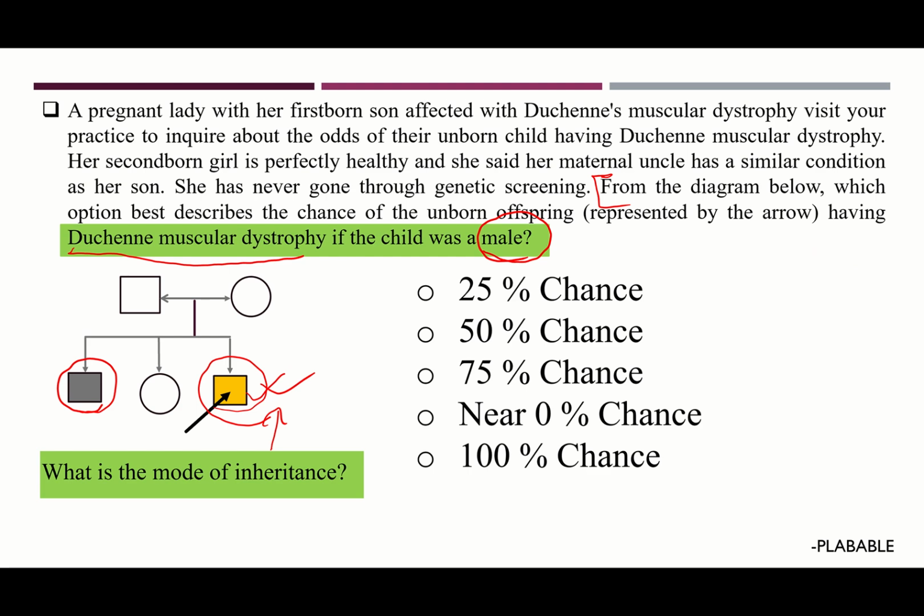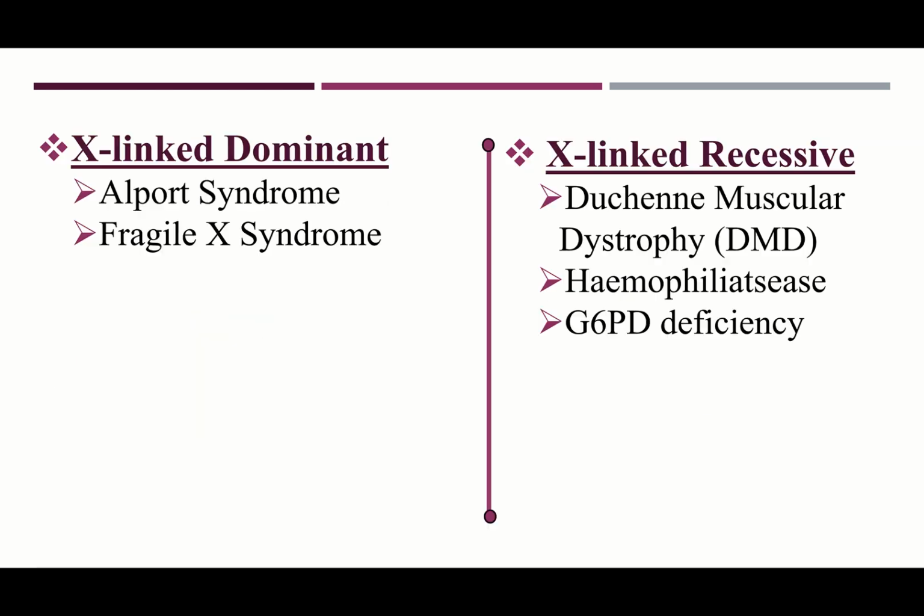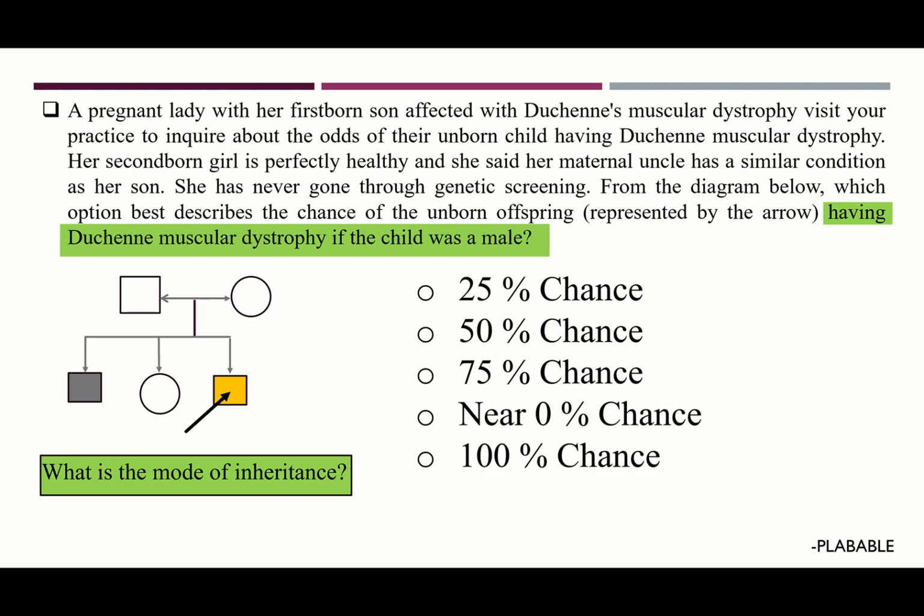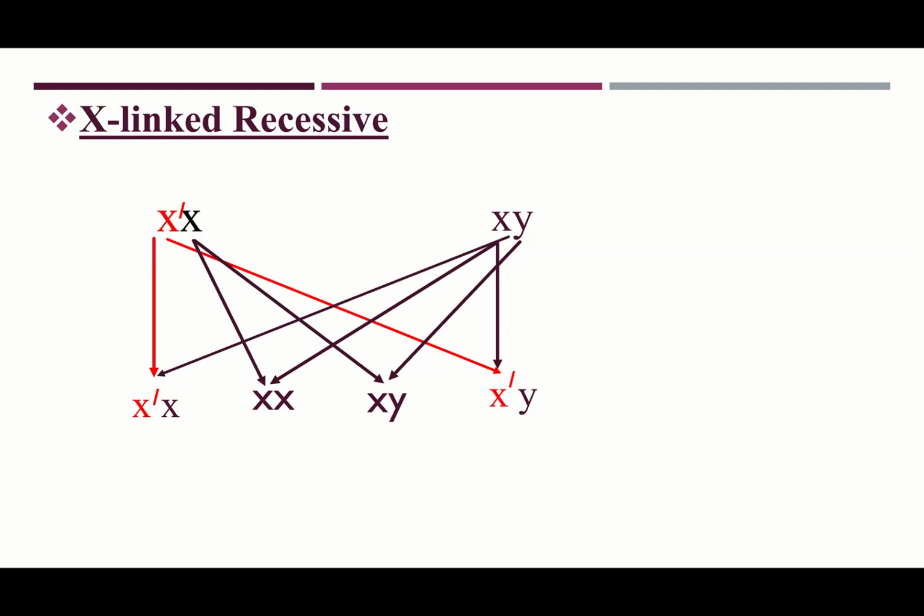We can assume from the pedigree that maybe one was affected, one was carrier, or maybe both were carriers. But since it's an X-linked recessive disorder, only the mother, the female one, can be carrier. So what will happen in an X-linked recessive disorder where the mother is carrier and the father is healthy?